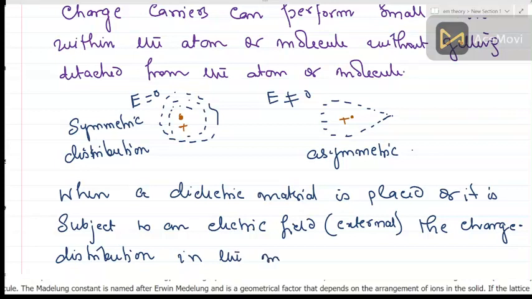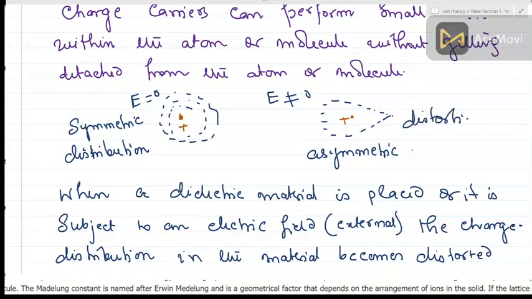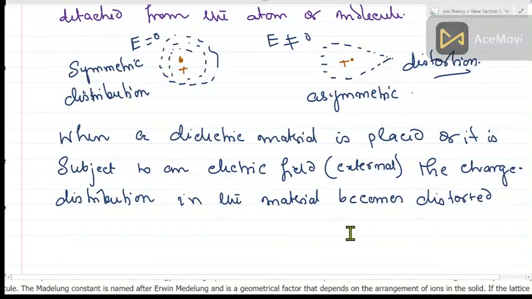Distorted means its shape changes from symmetric to asymmetric, it loses its symmetric shape. This is called distortion. This is what occurs in a dielectric material. The electric field distorts the charge distribution inside the material.